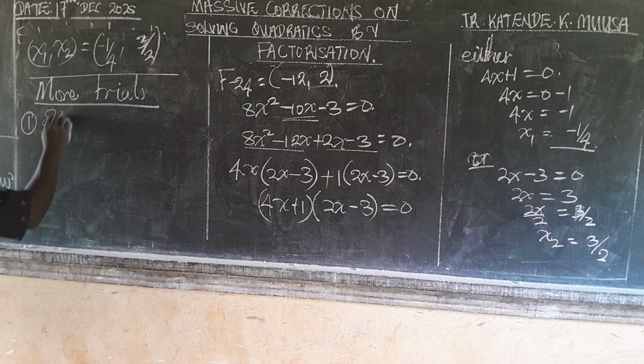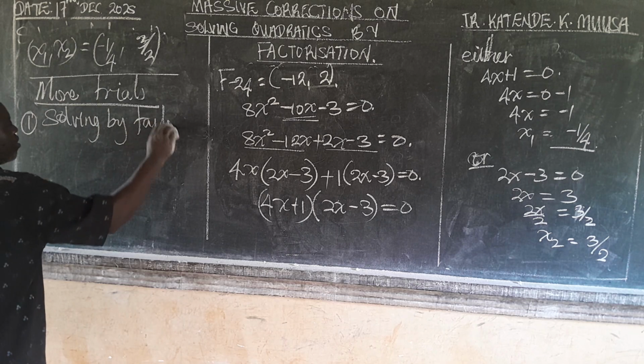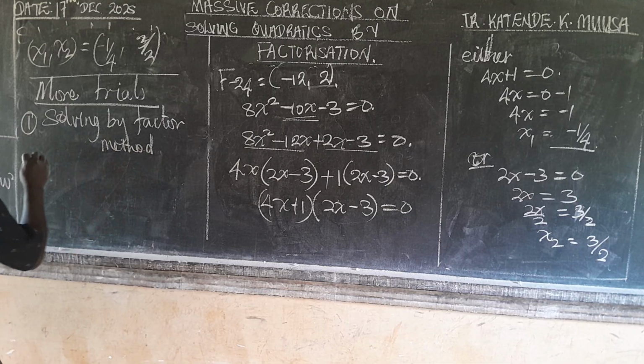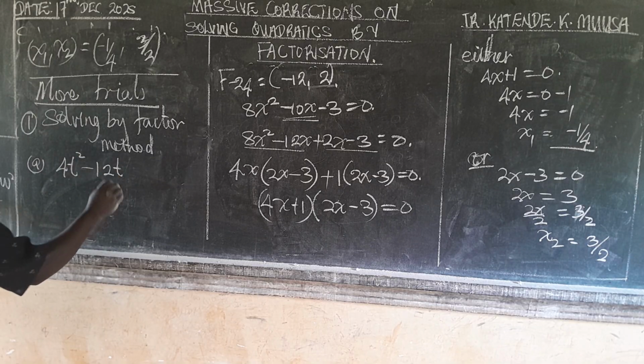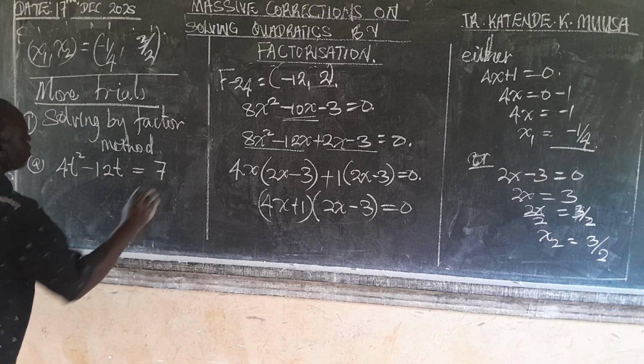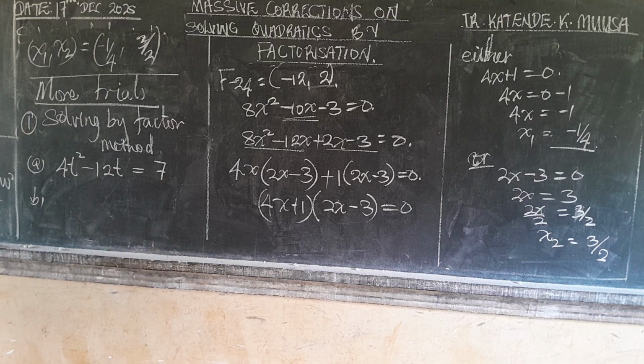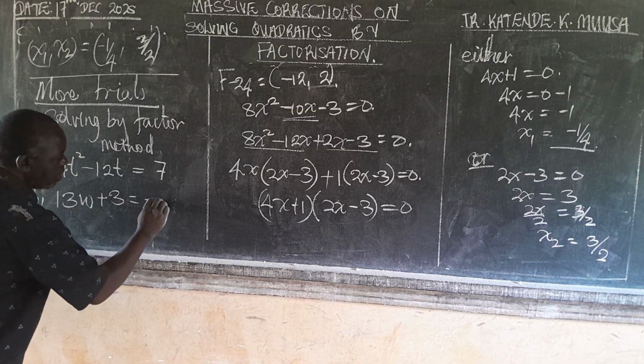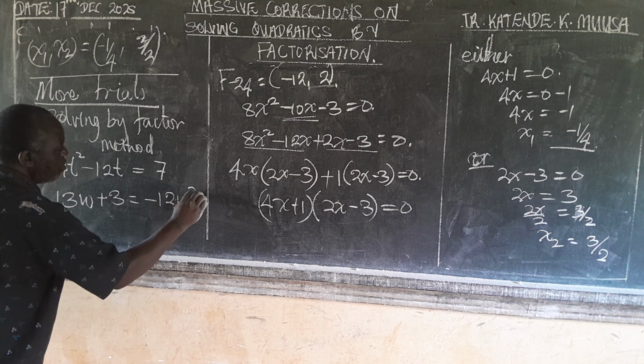We are solving by factor method, where the first one is 4t squared minus 12t equals 7. Then the second one is 13w plus 3 equals negative 12w squared.